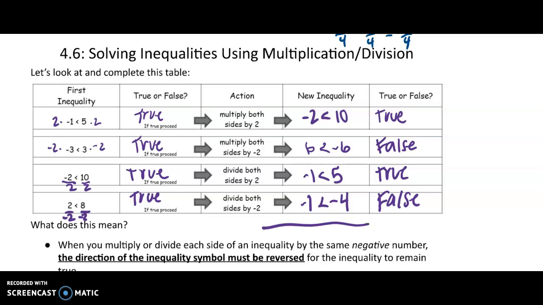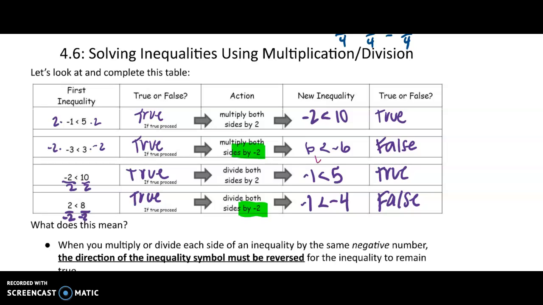If we had a number line, we know that -1 is closer to 0. So that means that -1 is bigger than -4. When we look at it, anytime we were multiplying or dividing by a negative, it gave us a false outcome.